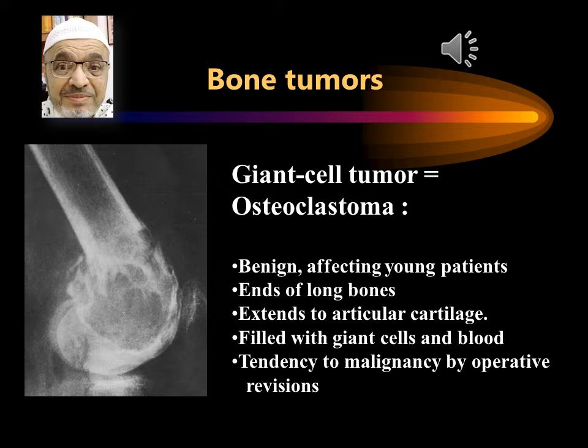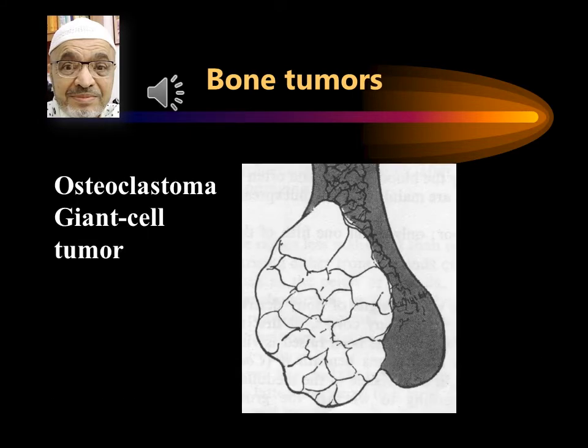Otherwise, by revision, by more than one operation, there is a high risk of tendency to malignancy. This is very important to know. Here's another picture of osteoclastoma or giant cell tumor at the end of the femur near the knee joint.